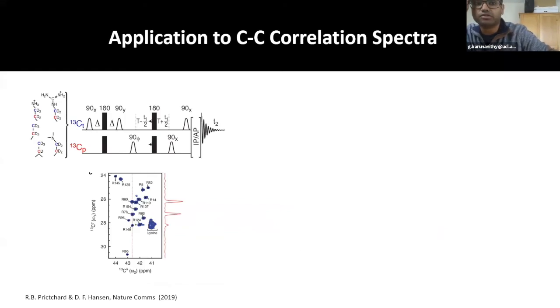CC correlation spectra, which were used to look at side chains of proteins. So you'd run this experiment on a uniformly deuterated protein. This was developed by Ruth when she was in Fleming's lab. And so you can get nice spectra of protein side chains where you have a terminal carbon and a penultimate carbon with slightly different chemical shift distributions.